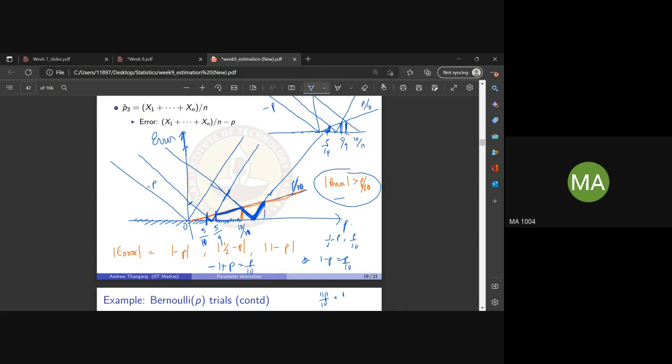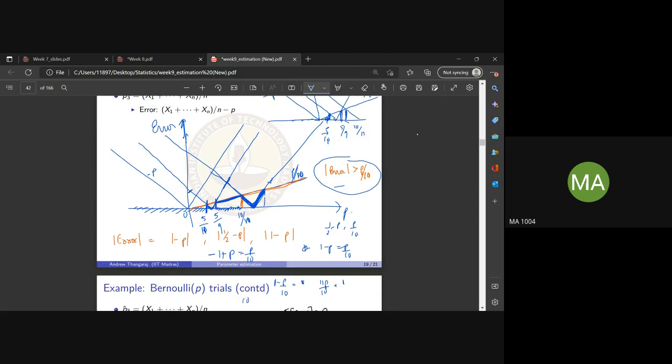So p minus p by 10 is 1, that is 10p minus p over 10, so 9p by 10 equal 1, p equal 10 by 9. So that will come out to be greater than 1. So we can ignore this point because p cannot be greater than 1. So from here we got that for p less than 5 by 11 and for p in between 5 by 9 to 10 by 11, your error is coming out to be greater than p by 10. Okay. Thanks.